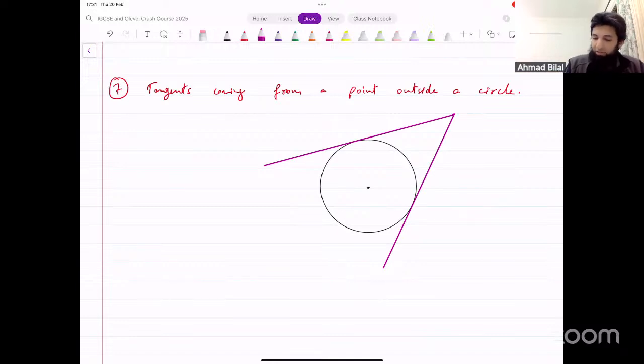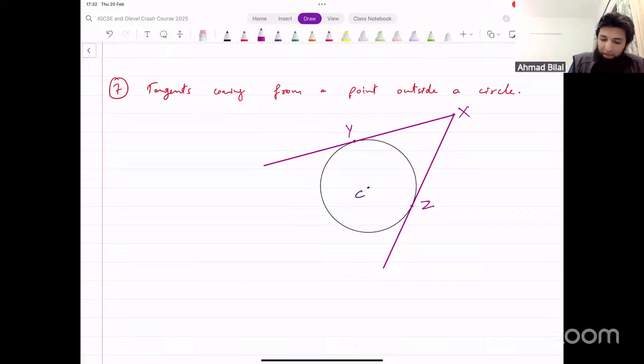Let's say that the point outside the circle is point X, and it's touching the circle at point Y, and it's touching the circle at the point Z. And the center of the circle is C. Now, whenever you have a shape like this, you need to remember, there are a lot of things that are true in this.